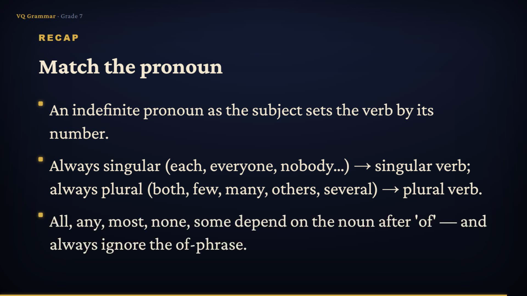And a flexible group, all, any, most, none, and some, depends on the noun after the word of. Above all, never let that of phrase fool you. The pronoun is the subject, so the pronoun rules the verb. Wonderful work today, and I'll see you in the next lesson.